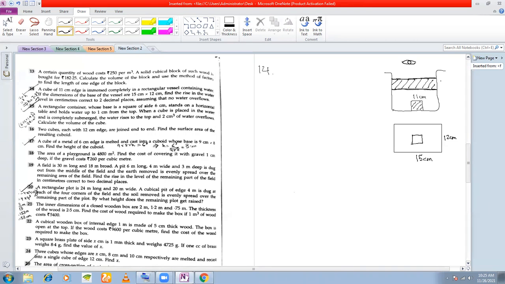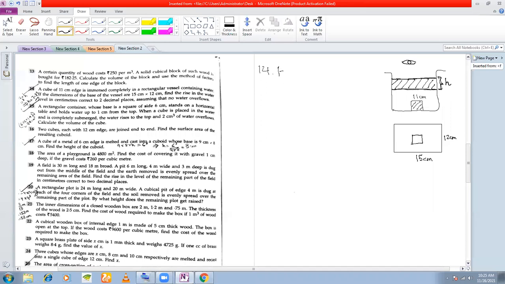What is the height of this cuboid? I don't know. This is the height that I need to calculate, the rise in the level of water. Is this understood by everyone? Yes, sir. This column of water that I have shaded forms a cuboid.